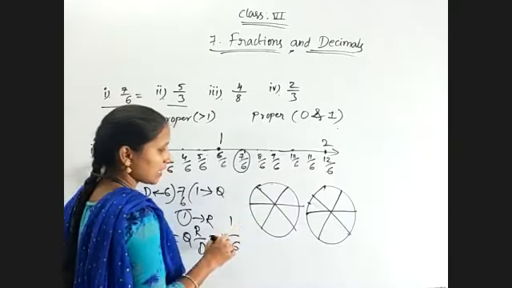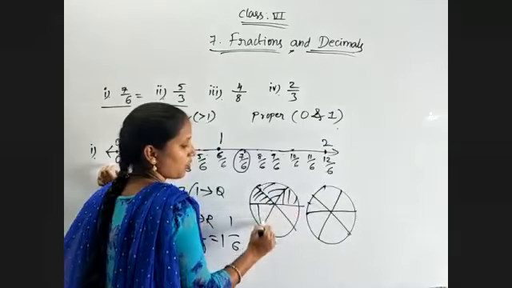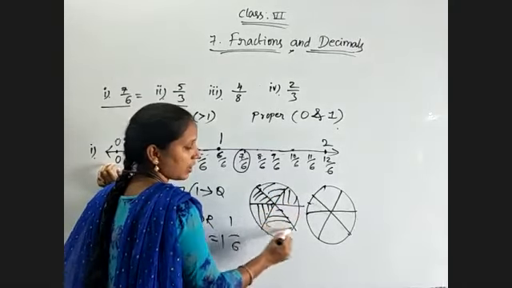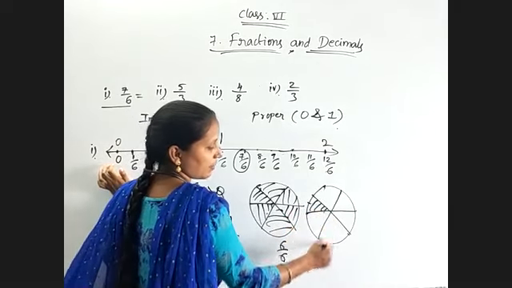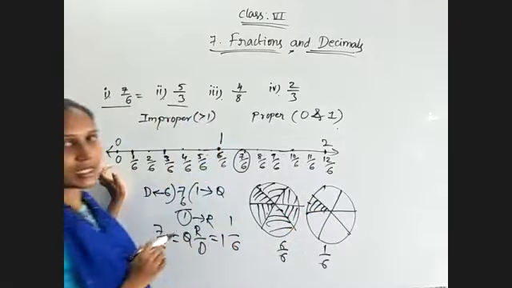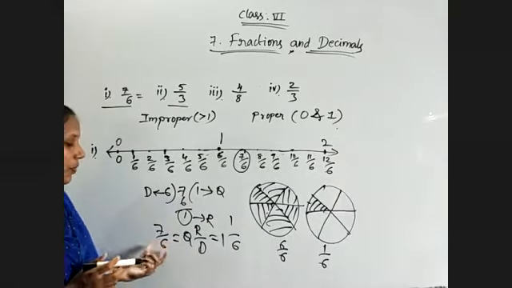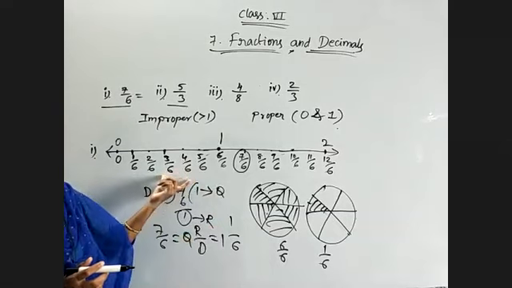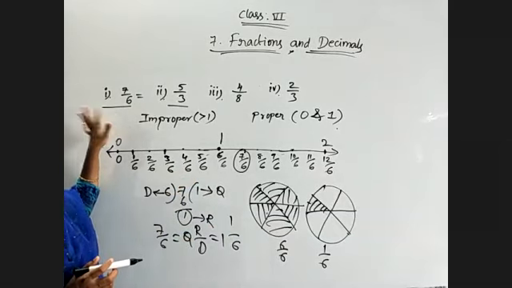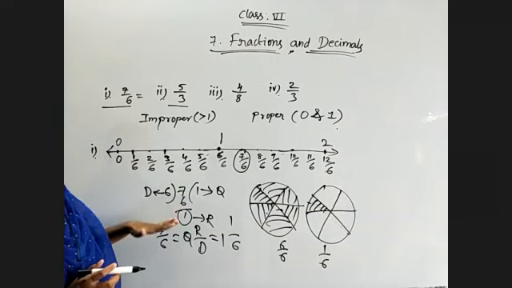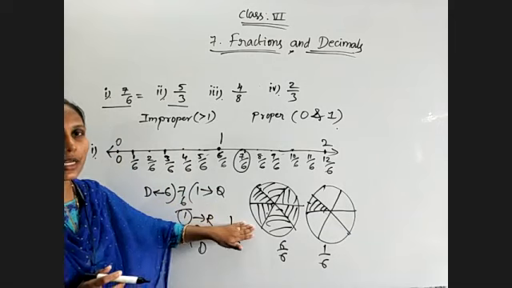So completely, 7/6 is 1/6, 2, 3, 4, 5, 6, that is 6/6, and then 1/6 more. Totally 7/6. This is the pictorial representation, the conversion of an improper fraction to a mixed fraction, and how to represent this improper fraction on the number line. So this is the way to represent an improper fraction on the number line as well as pictorially.